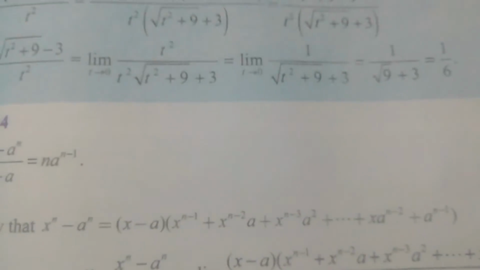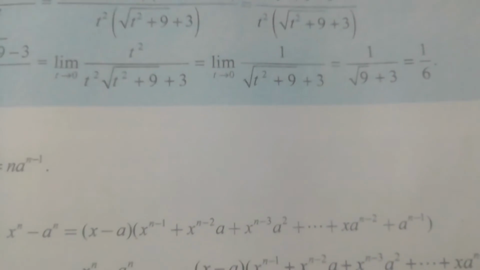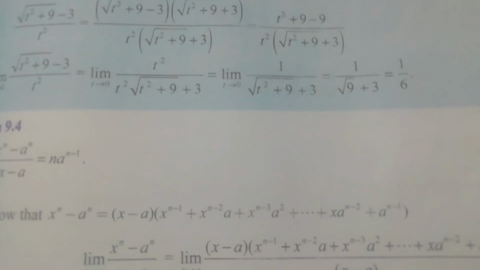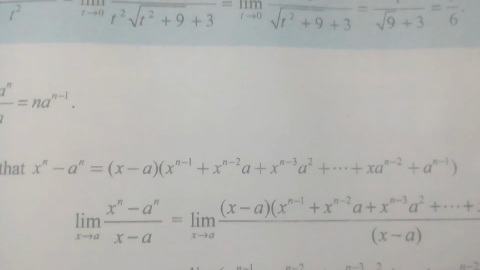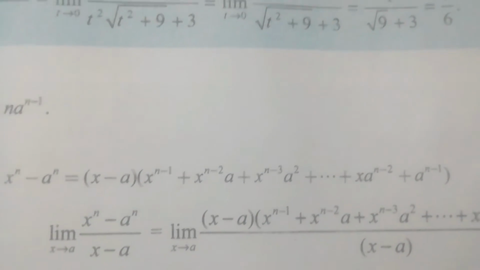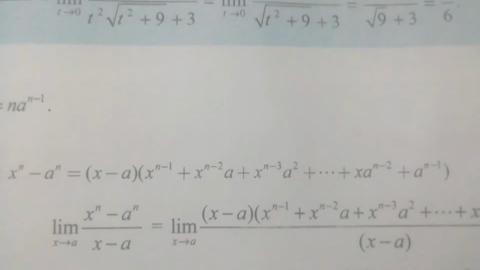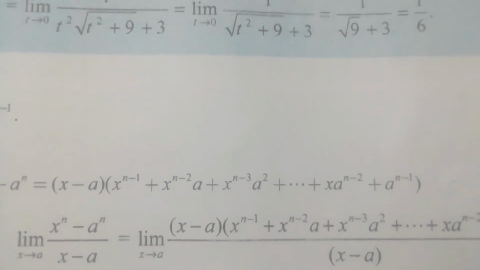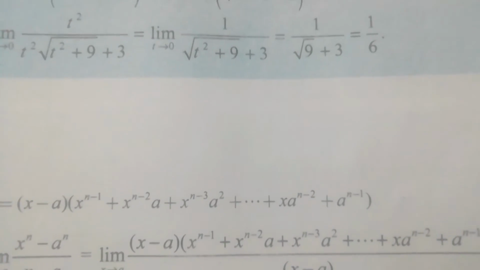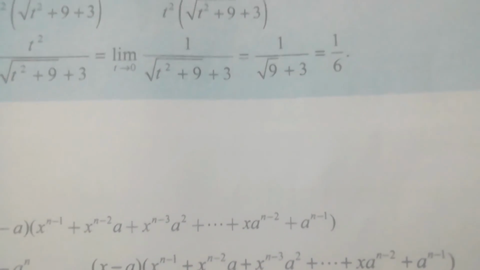How do we get it? We can simplify and say the answer. See, x power n minus a power n, you use the binomial formula. You can read it later. x power n minus a power n can be written as x minus a into (x power n minus 1 plus x power n minus 2 a plus x power n minus 3 a square plus etc.).